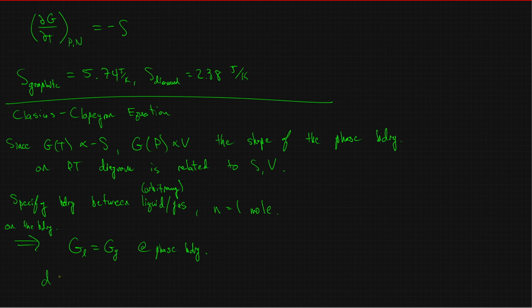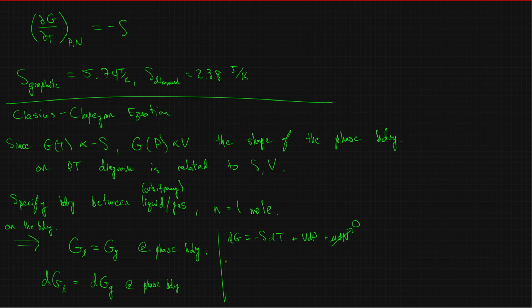So we can take the differential of this relationship. This is, again, just true at the phase boundary. Now what we're going to do is apply the thermodynamic identity. So what can that give us? Well, for G, the thermodynamic identity is minus S dT plus V dP plus mu dN. All this time, we're just assuming that we're not changing the number of particles, so this is 0.